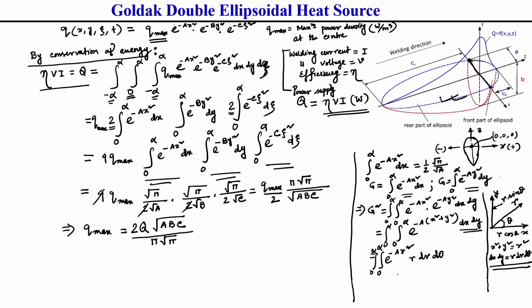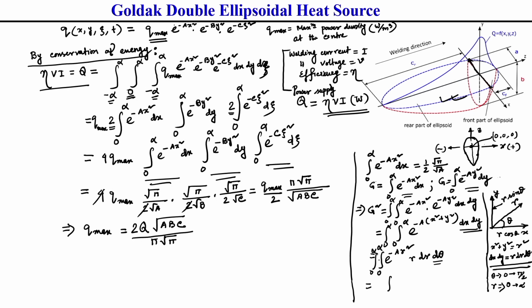So, you can write this as the integration of d theta. Here you should always keep it in mind: once we convert these things in terms of r and theta, then theta will vary from 0 to pi by 2, and r varies from 0 to infinity.